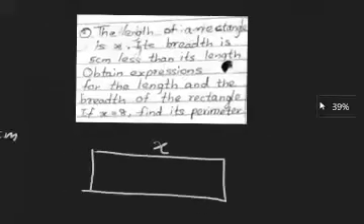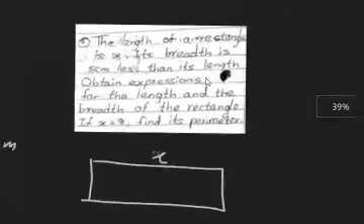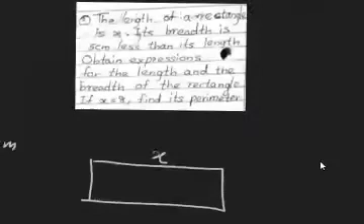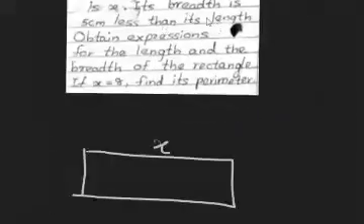Then the second piece of data: its breadth is 5 centimeters less than its length.